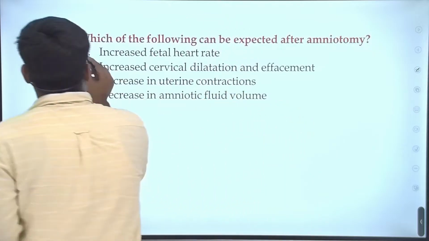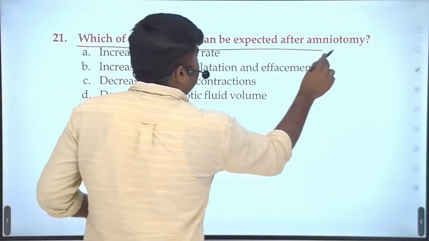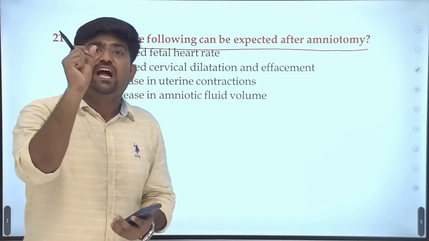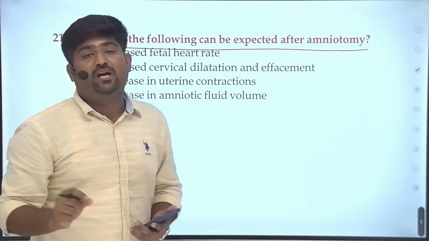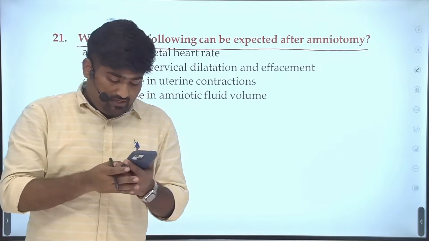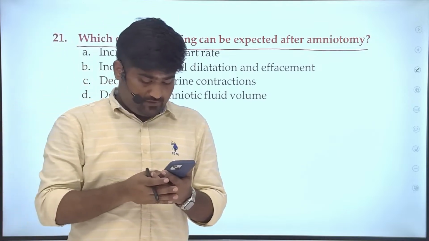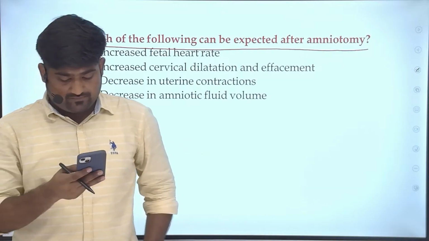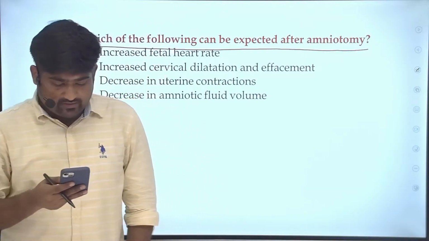So next question, which of the following can be expected after amniotomy? Now tell me, which is the ideal time to do amniotomy? Come on, tell me. Uses gravity. Yes, correct. Now tell me.